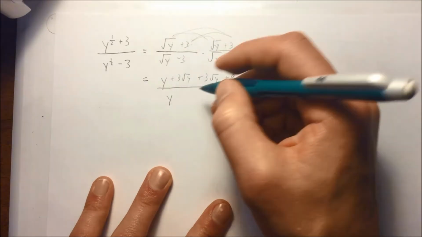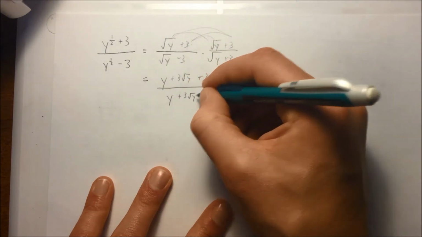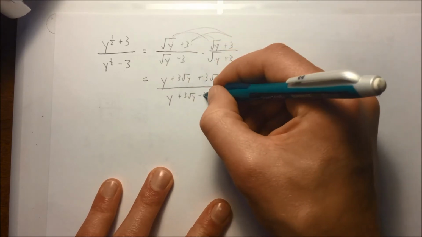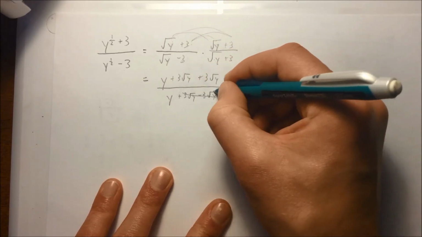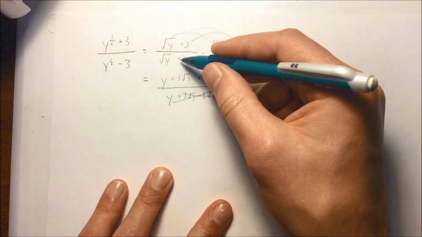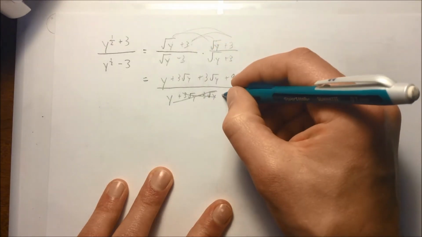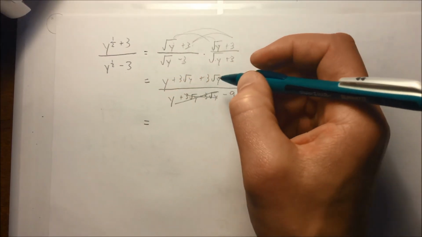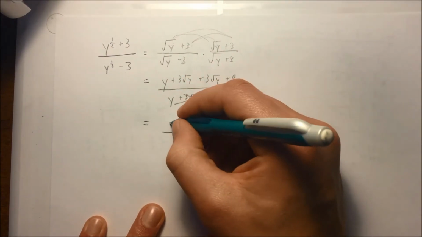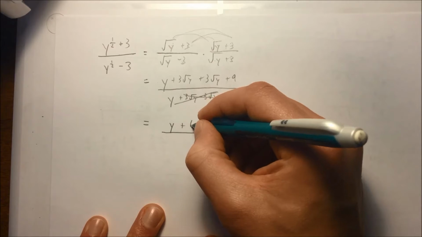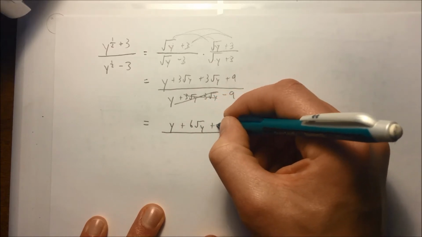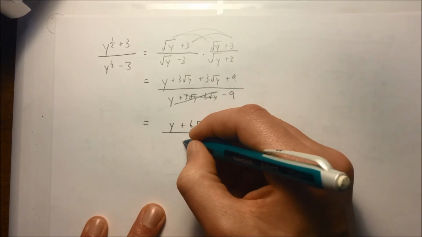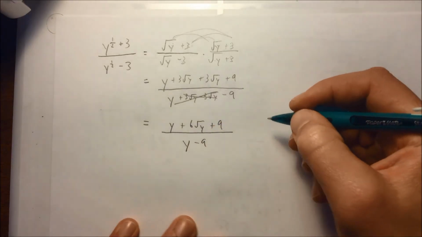Square root of y times 3 is plus 3 square root of y. Minus 3 square root of y, those cancel out every time. It's amazing. And negative 3 times 3 gives me negative 9. So once I simplify the top here, I'm going to get y plus 6 times the square root of y plus 9 all over y minus 9.